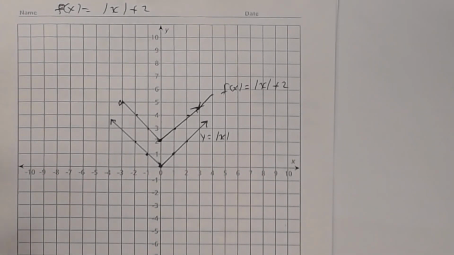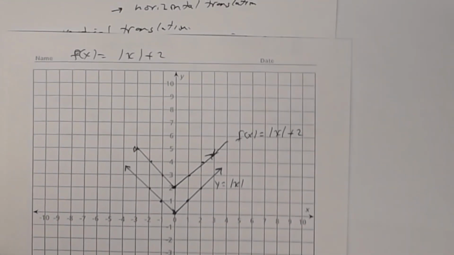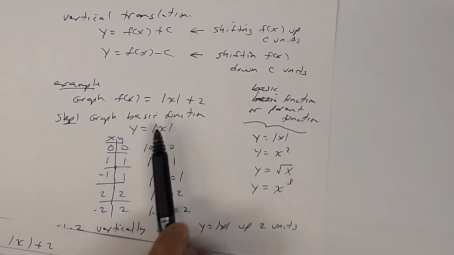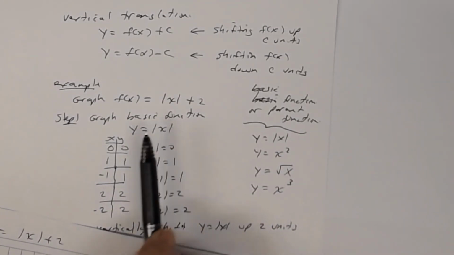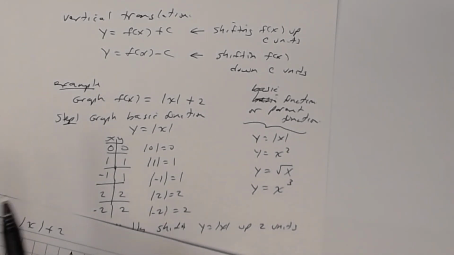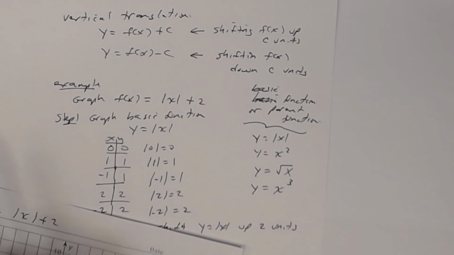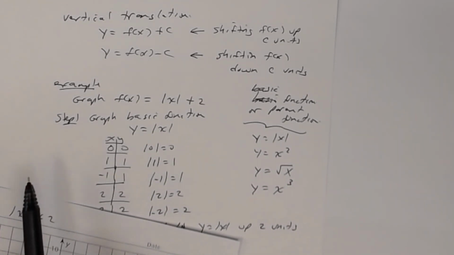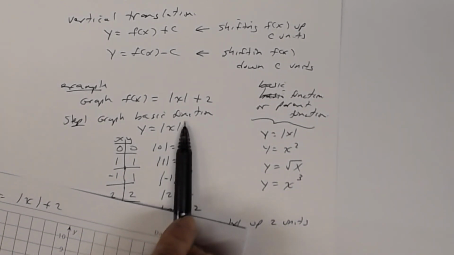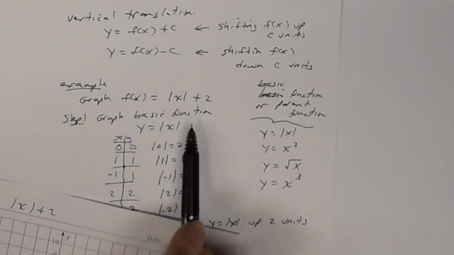In those 3 days, you're going to look at things like this. So I'm going to remind you what to do first. The first thing you're always going to do is graph the basic function. Whenever you are told to use transformations, step 1 is to always graph the basic function, or the parent function.